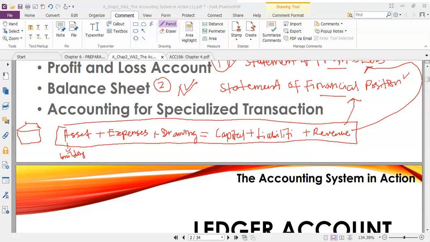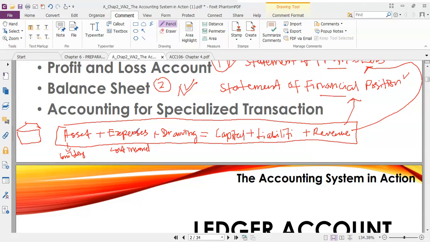Not really correct. Okay. Expenses is actually the cost that we incur. Expenses is cost incurred in order for the business to get the revenue.